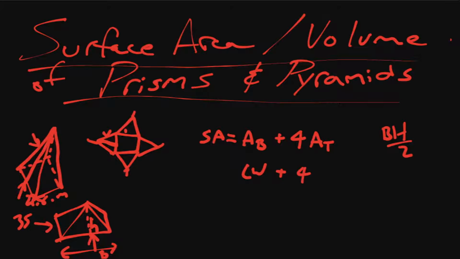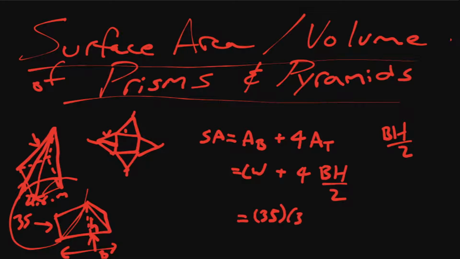Then we have 4 times the base times height over 2. So plugging in, the length and width of the square are 35 each, and then we have 4 times the base, which is 35, and the height of 27.8, divided by 2.